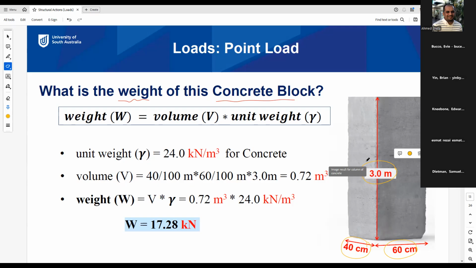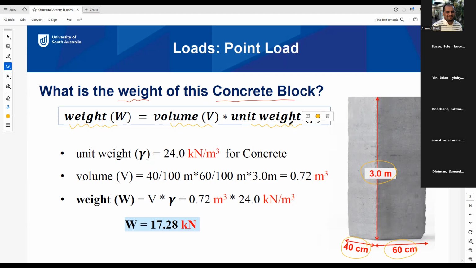So what is the weight formula? The weight formula is W equal to the volume V times the unit weight gamma. So weight equals volume times unit weight.